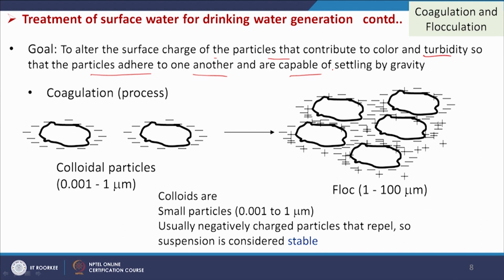So, we have some particles, normally these particles are negatively charged. If two particles are both negatively charged, they will not be able to come closer to each other and make a bigger one that can be settled.